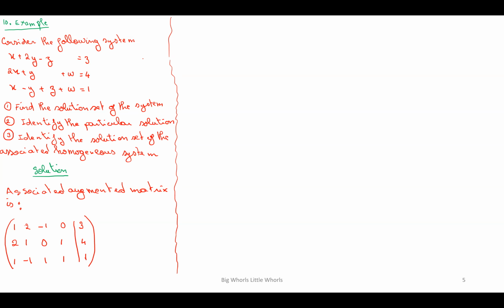We are asked to find the solution set. So question 1 is to find the solution set. And what do we do?